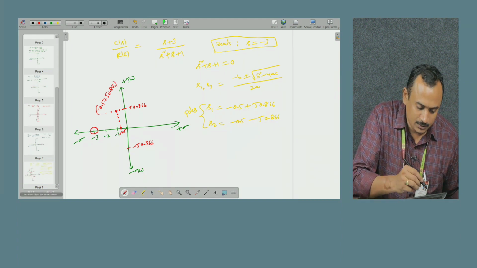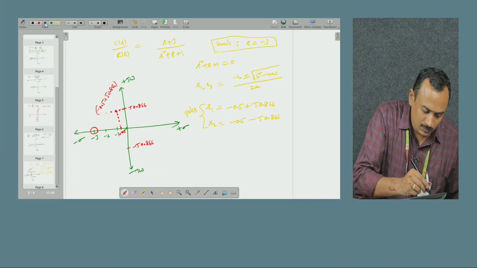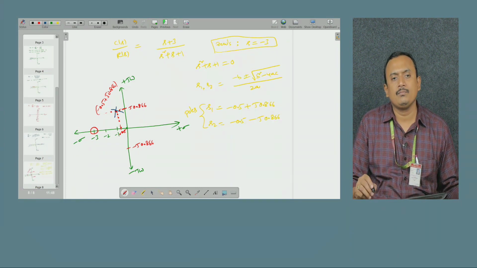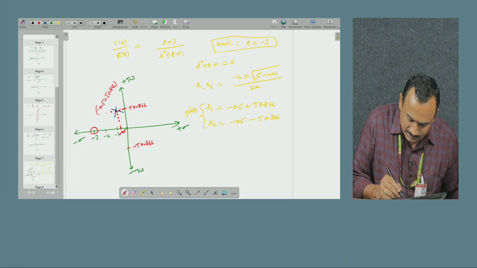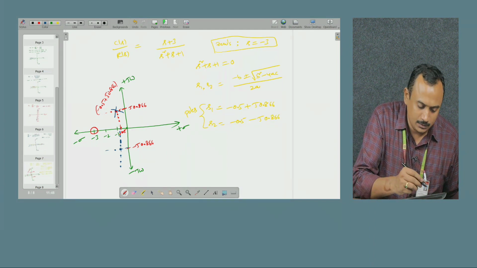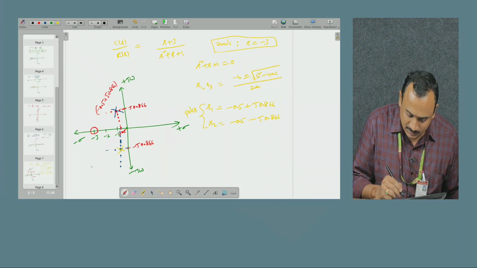So this is your pole. And similarly, if I extend the negative side, somewhere here you are going to have another pole, that is -0.5 minus j 0.866.